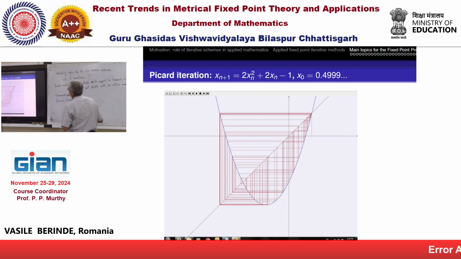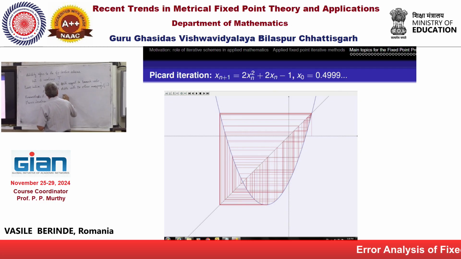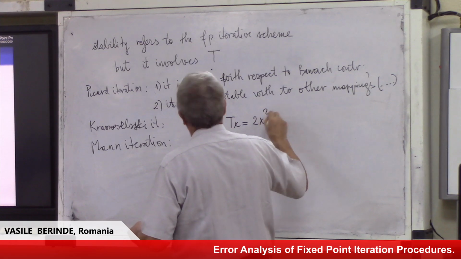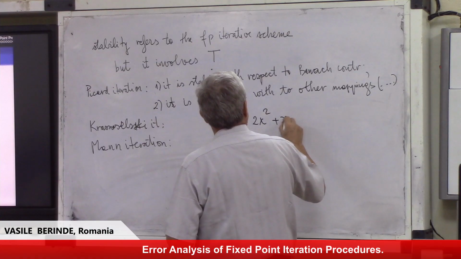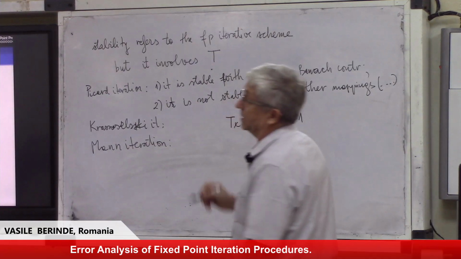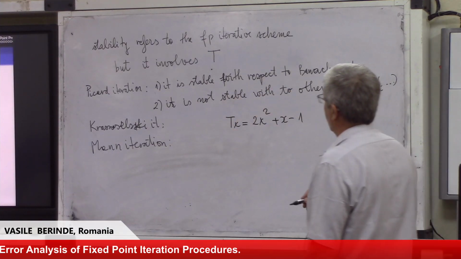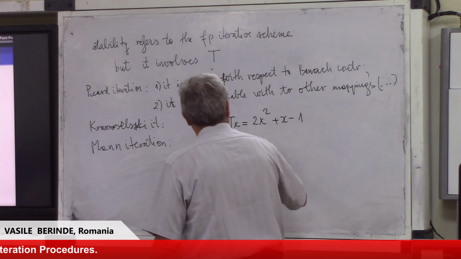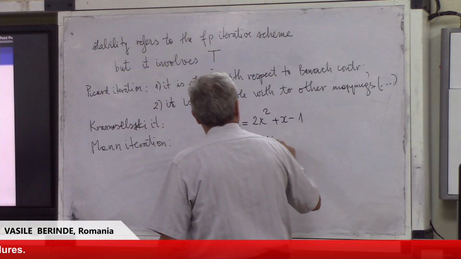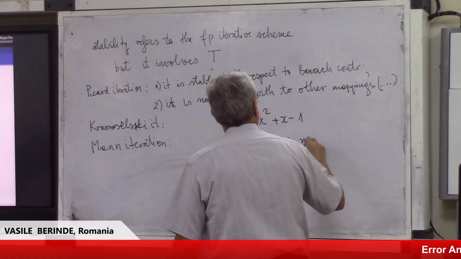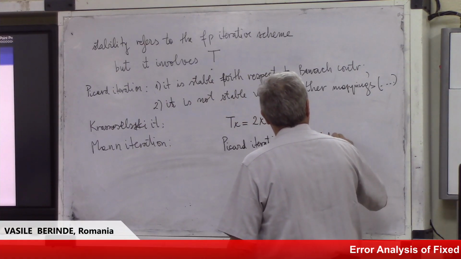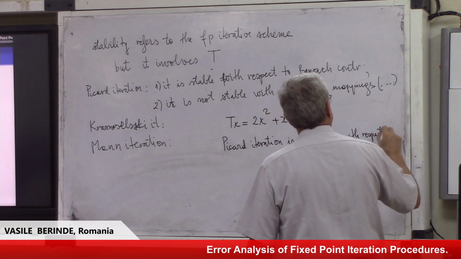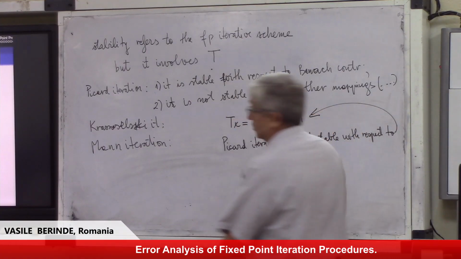For this map, this function, which is 2x squared plus x minus 1, this is, of course, not a contraction. So Picard iteration is not stable with respect to this map.